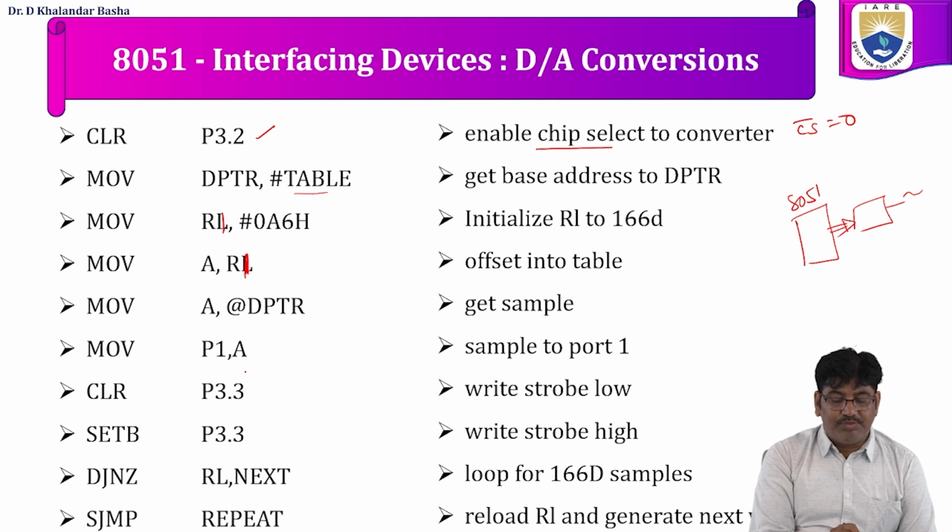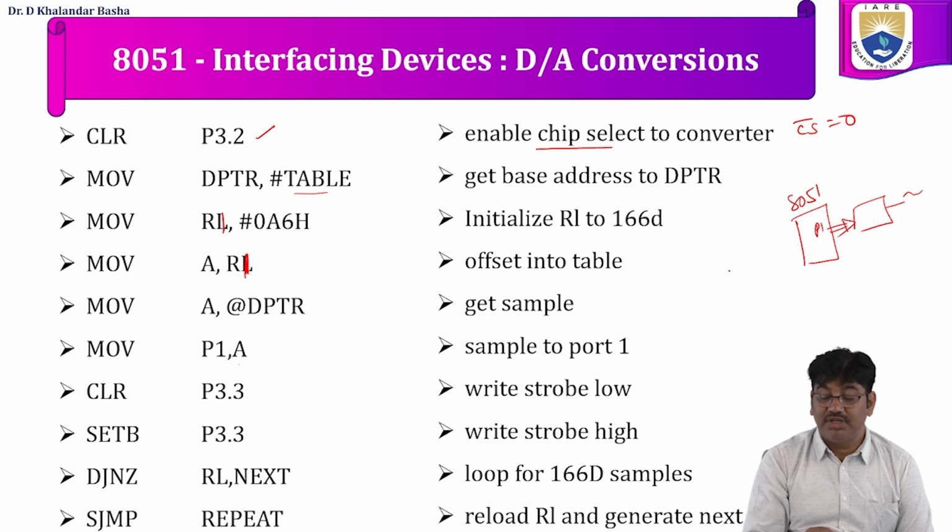Next, the samples are sent to port 1 for conversion. Here port 1 is connected for sending the samples, and the control signals are given on port 3. Once we give a sample for digital to analog conversion, it generates the equivalent analog waveform. Once this conversion is done, we write the write signal enable.